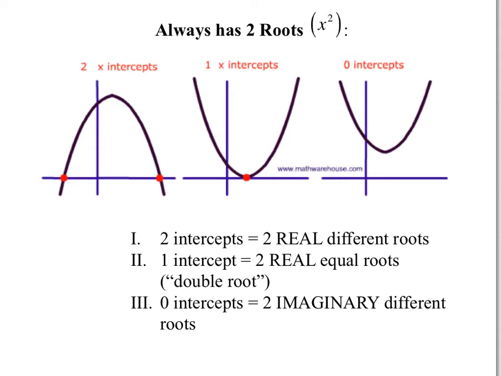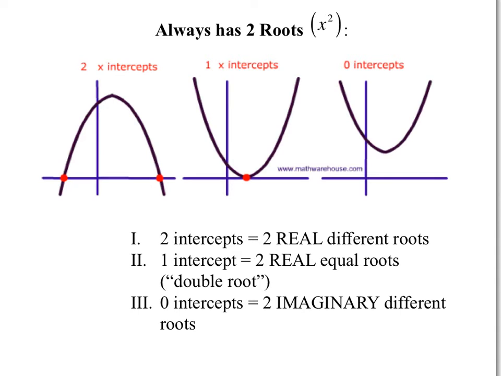Here is a detailed look at the possible solutions that can occur in our graphs. We know we will always have two roots, and that's pretty obvious when the parabola will cross at two different points on the graph, like we had in the beginning example.